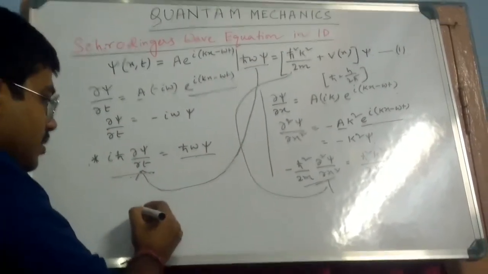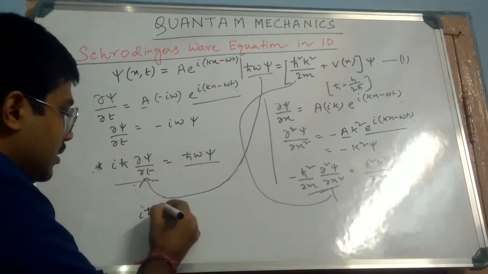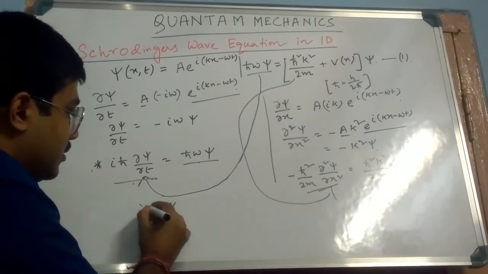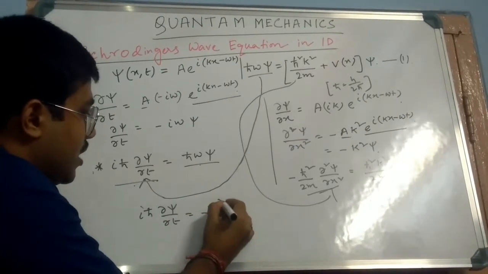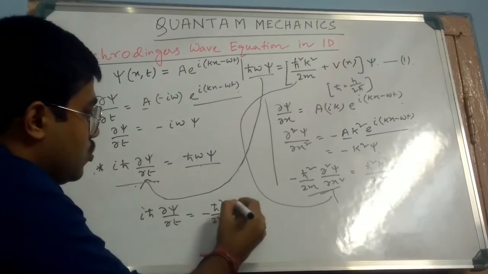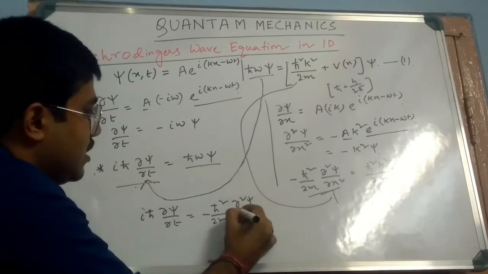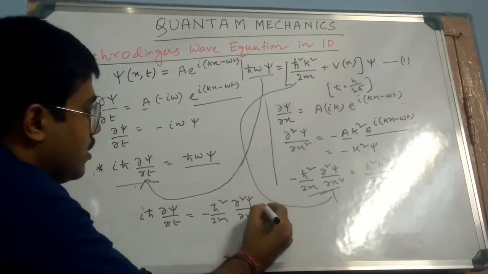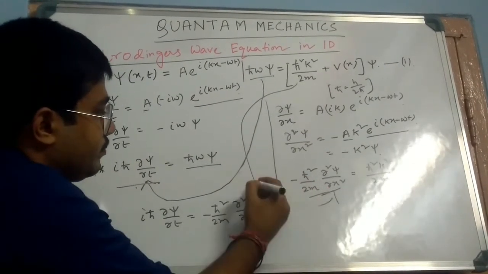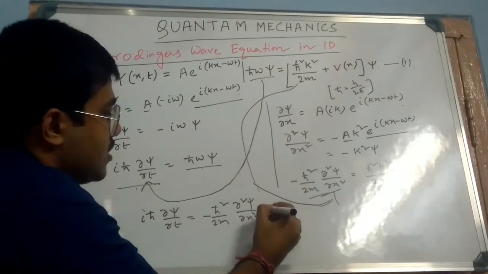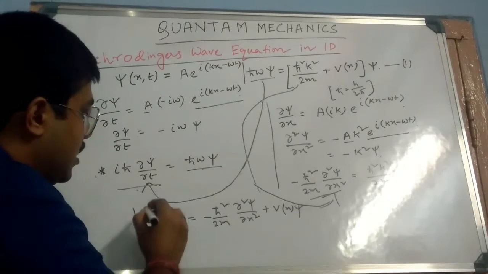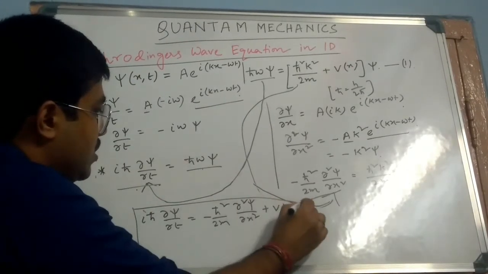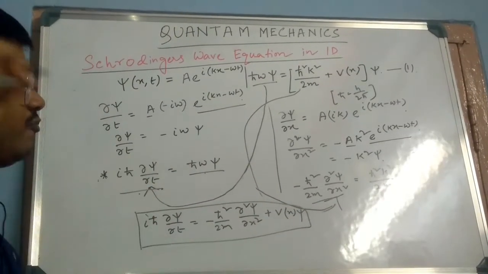So we will be getting i h cut del psi by del t is equal to minus h cut square by 2m del square psi by del x square plus V(x) psi. This is the Schrodinger's equation in 1D.